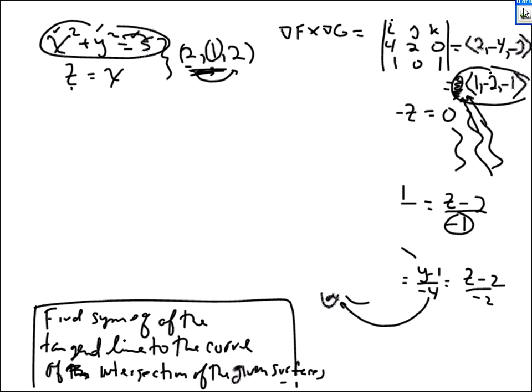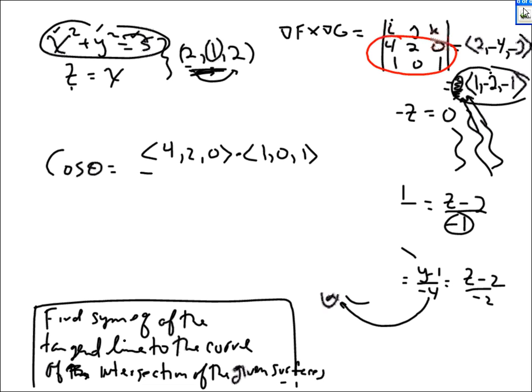And the gradient vectors happen to be right here in red. So the cosine of the angle would be, in the numerator, the dot product divided by the length.